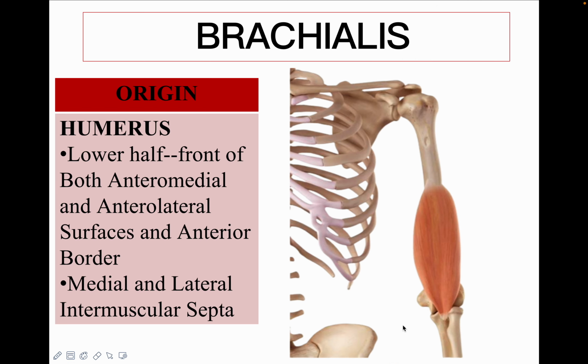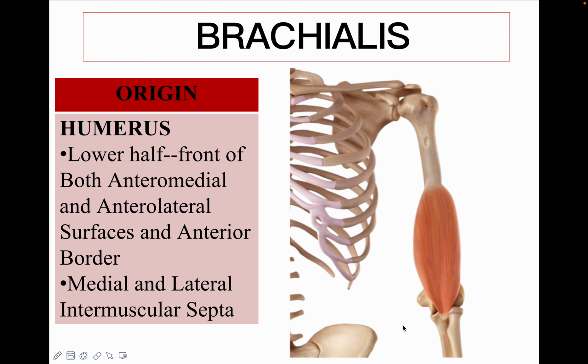Next, after biceps, we come to the brachialis muscle, the deepest muscle of the anterior compartment of the arm. This muscle is directly related to the anterior medial and anterior lateral surfaces and the anterior border, because we are talking about the anterior compartment of the arm.